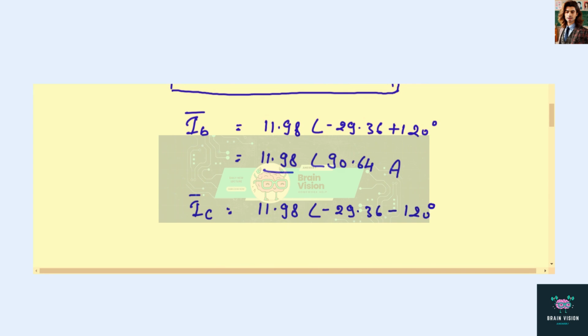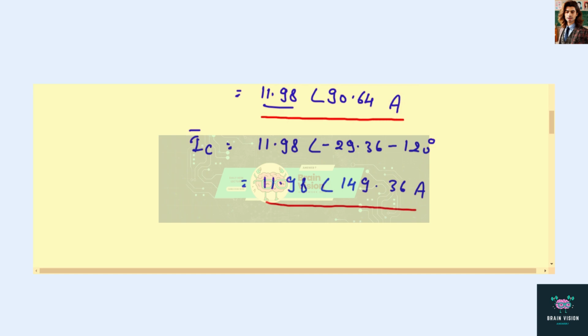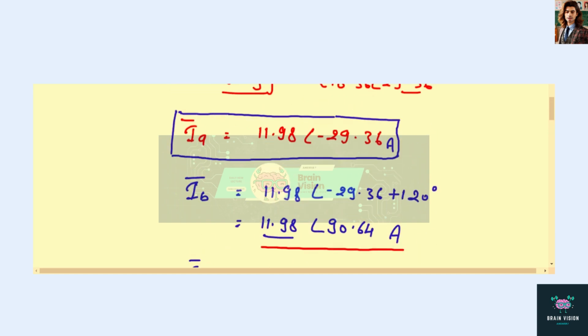So you will get IC equal to 11.98 angle 149.36 amperes. So these are our final answers. This is one answer, this is another answer. All of these are in amperes.